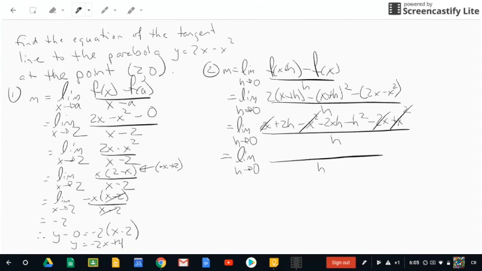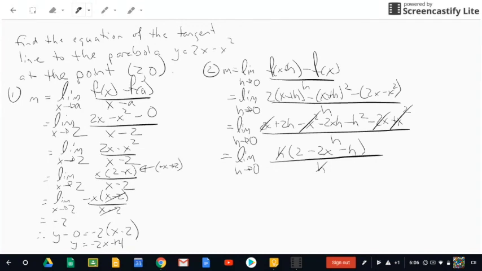It's so interesting that with first principles, that always happens. And so now I can factor the h out of those expressions, and I'm left with 2 minus 2x minus h. Okay, well, h over h is 1 for every value of h other than 0.